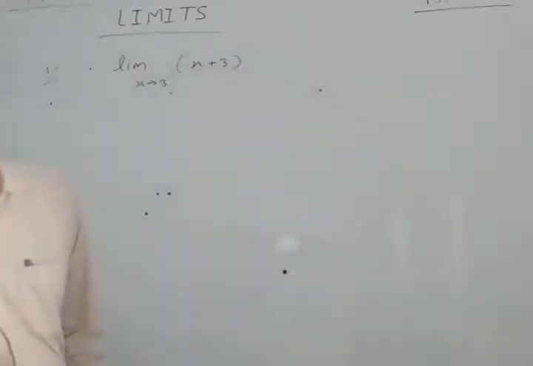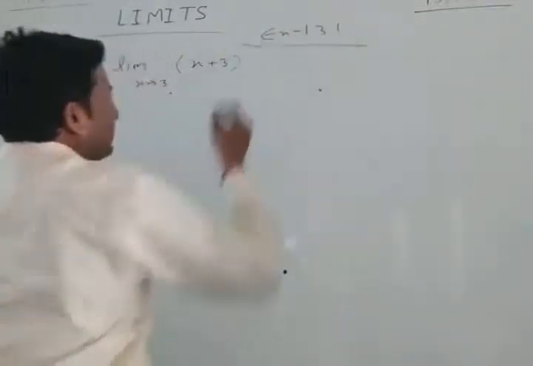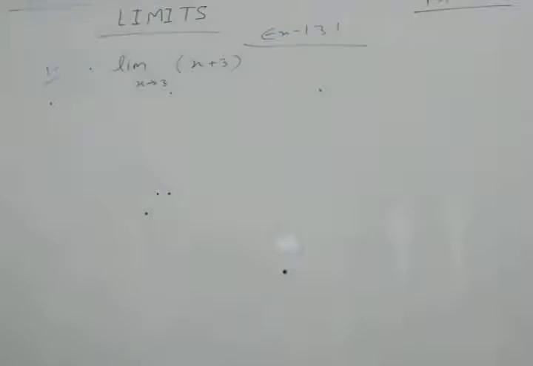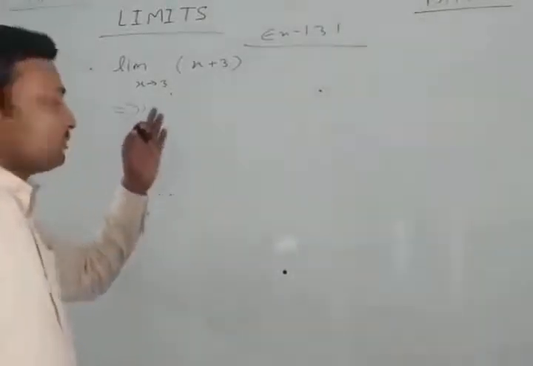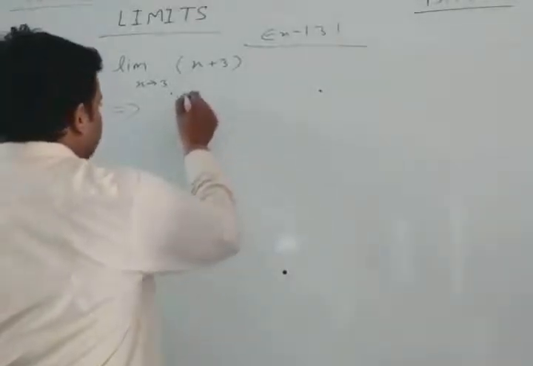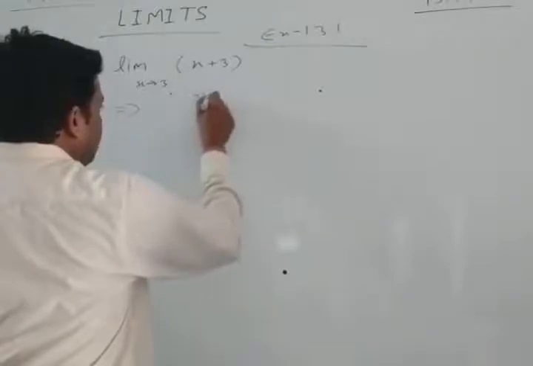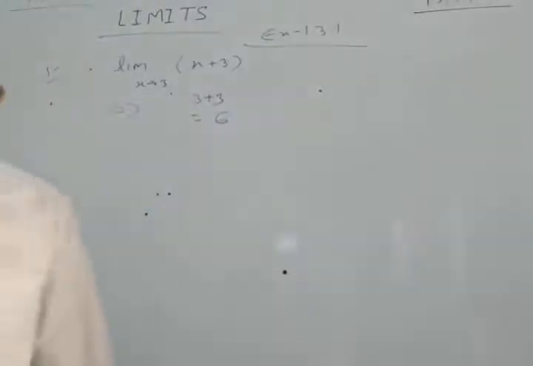This is the question of your exercise 13.1 of your NCERT, in which we evaluate the following limits. So what we will do? We will use the direct substitution method, and in this we will put the direct value: 3 plus 3 is equal to 6. It will be our result.